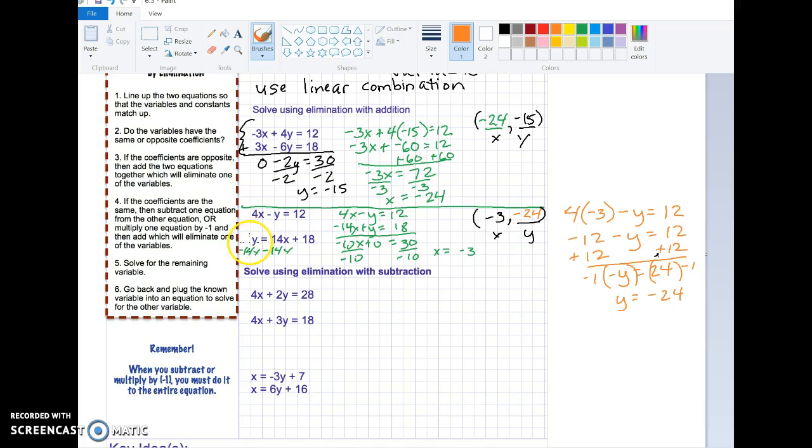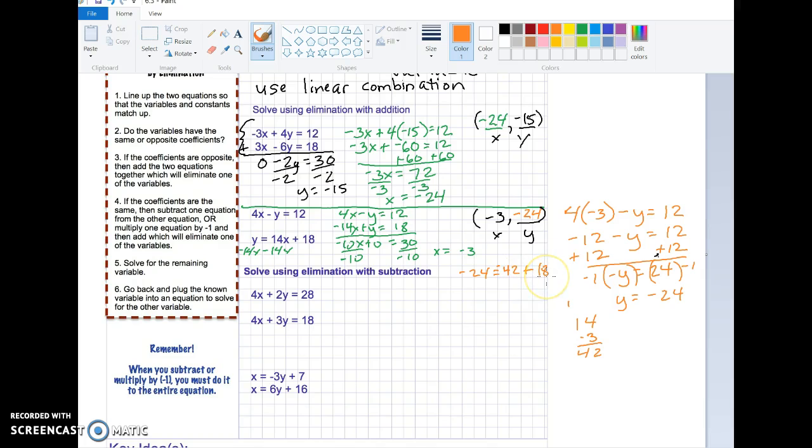So when I put negative 24 in for y, I end up with negative 24. I'll just write it right here. Negative 24 equals 14 times negative 3. So 14 times 3 would be 42, and that's 14 times negative 3, so that would be negative 42 plus 18.